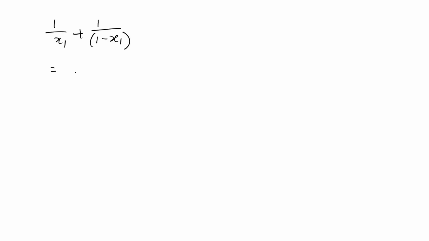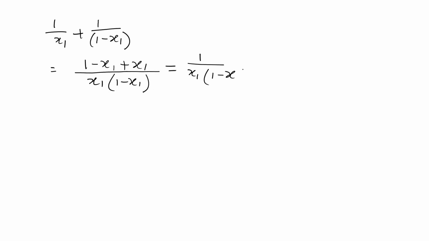If you take the LCM it will be x1(1 − x1), so the numerator is (1 − x1) plus x1, and it equals 1 by x1(1 − x1).